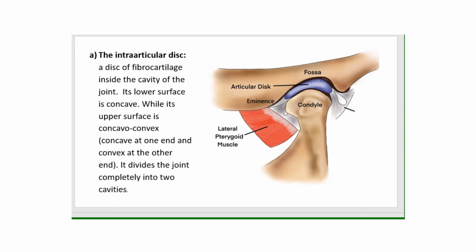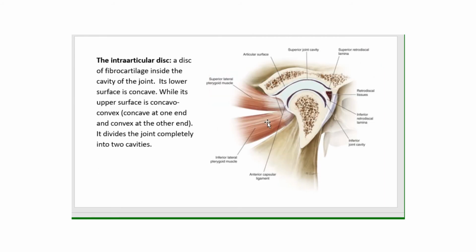Okay, if we see in this diagram, this is the intra-articular disc. This is the head of the mandible. This is the mandibular fossa. Then what are the articular surfaces of the temporomandibular joint? First, head of mandible below.